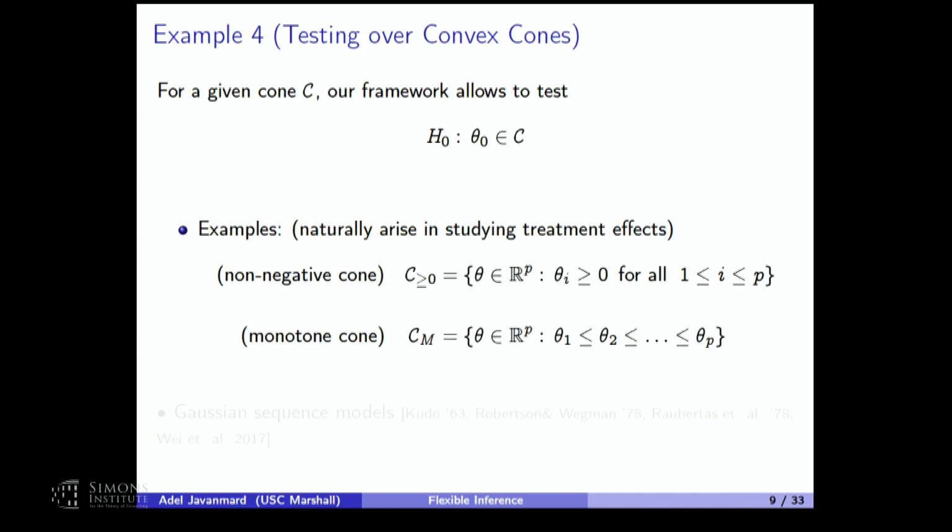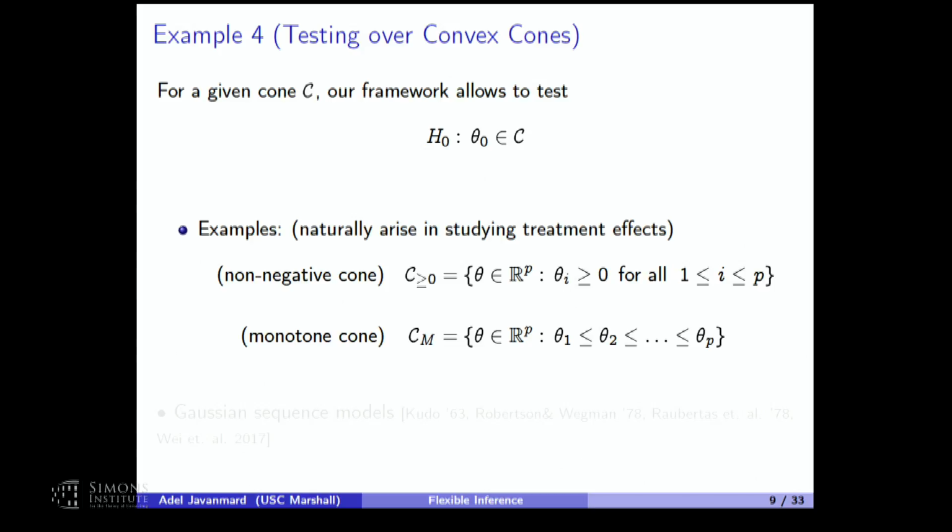The fourth example is if you want to test over a convex cone. This is a problem that naturally arises in studying treatment effects. These are two important examples. One is the non-negative cone. Let's say theta i is the effect of treatment i, and you want to see whether all the treatments in your study are harmless. So you want to test whether theta is in the non-negative cone.